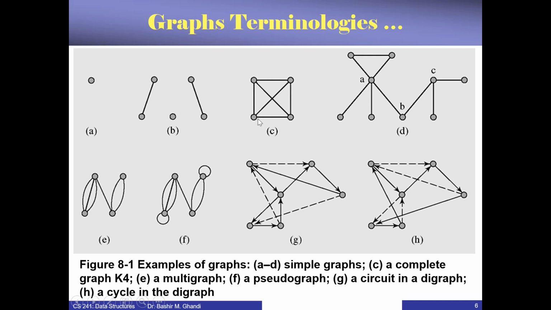Now for an undirected graph, there is no difference between emanating edges and incident edges. First of all, let's talk about adjacent vertices. This vertex and this vertex are said to be adjacent because there is an edge connecting them. Also this one, also this one, this one, and so on. Two vertices are said to be adjacent to one another if there is an edge connecting them.